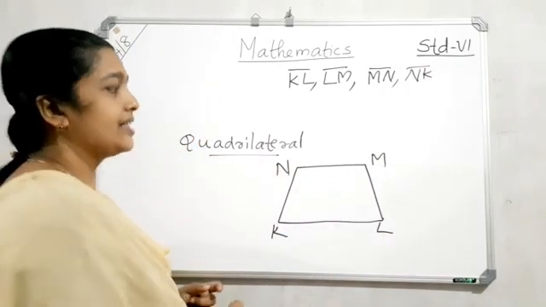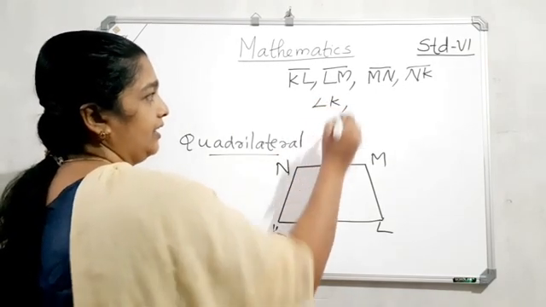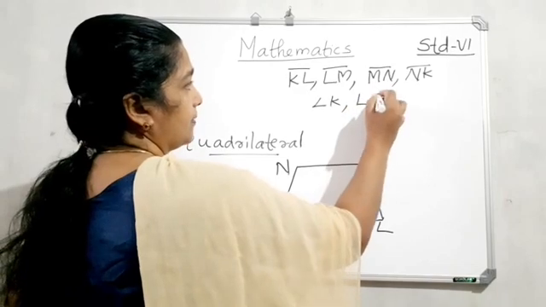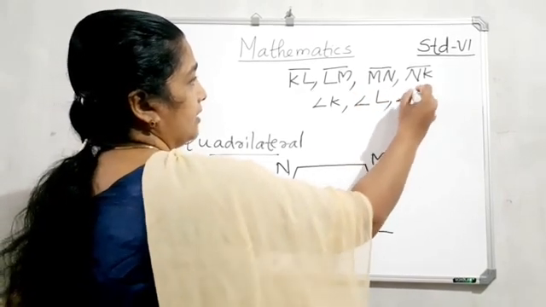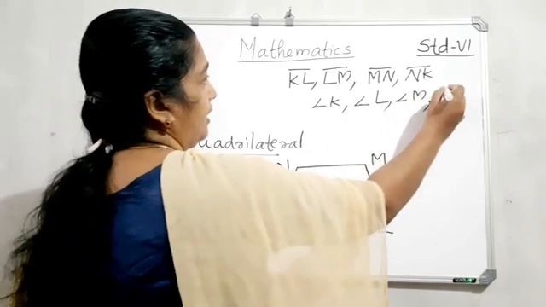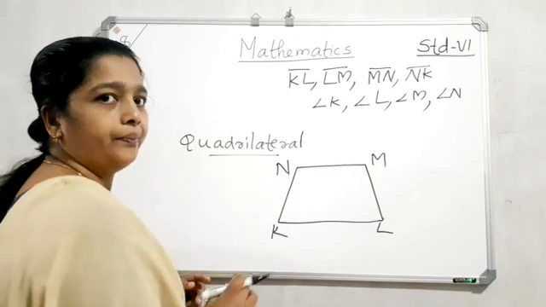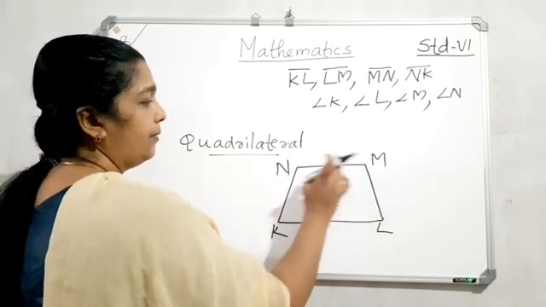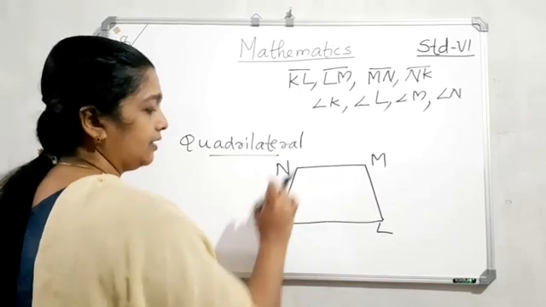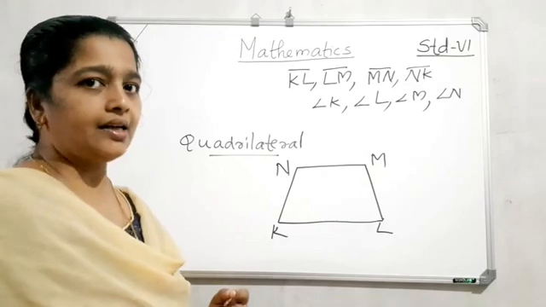Next, say the angles: angle K, angle L, angle M and angle N, or we can say angle KLM, LMN, MNK and NKL. These are the 4 angles.